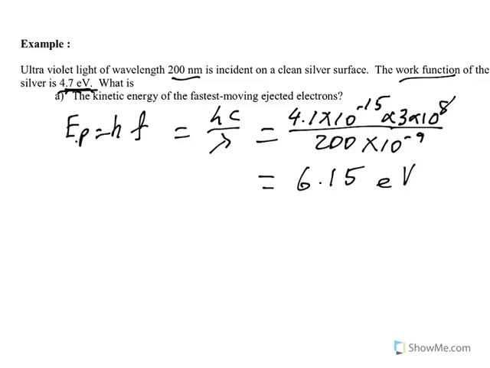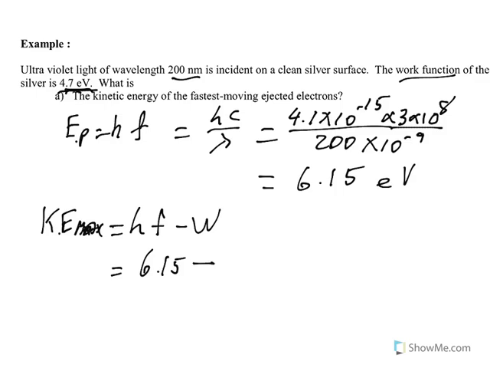All right, so I've just noticed that there's an error in the notes there, with the final answer. Your kinetic energy max is hf minus the work function. Now hf we worked out, we used the energy of the photon, and that's 6.15 electron volts.